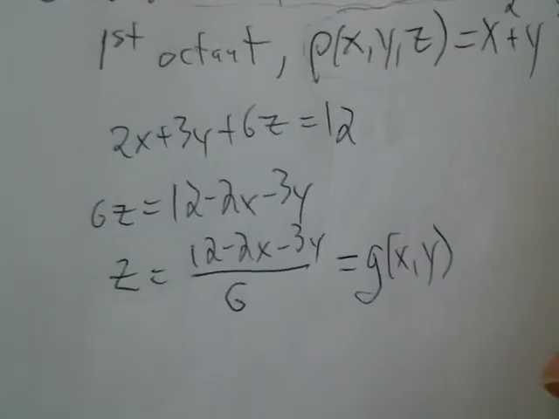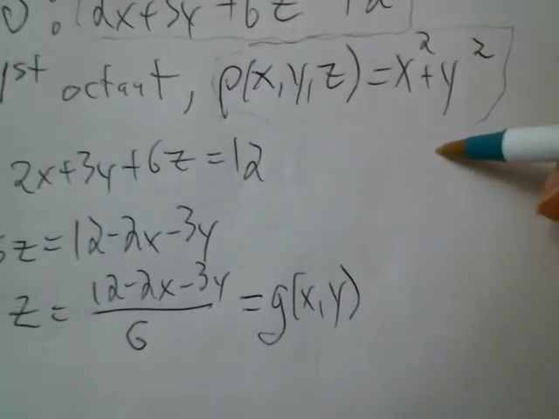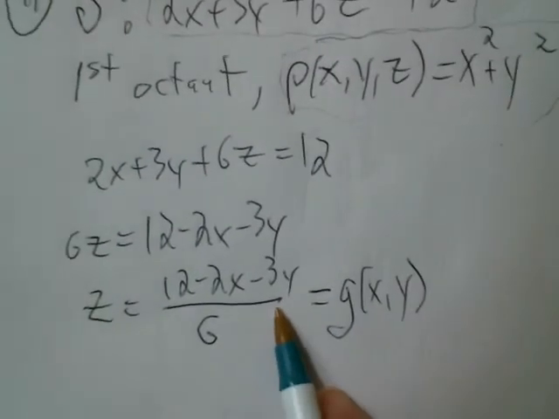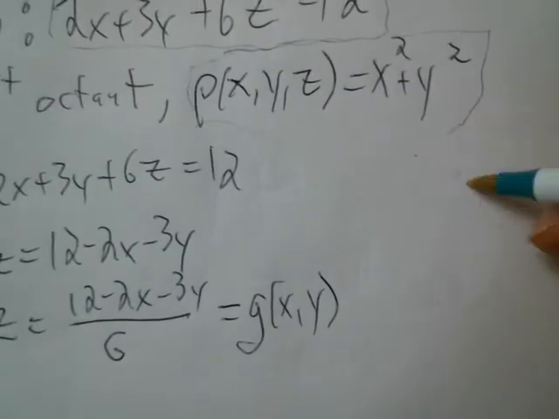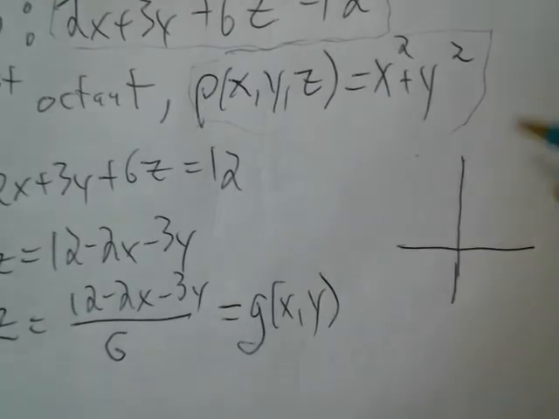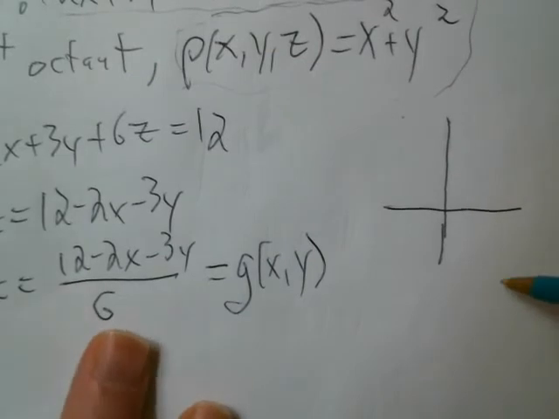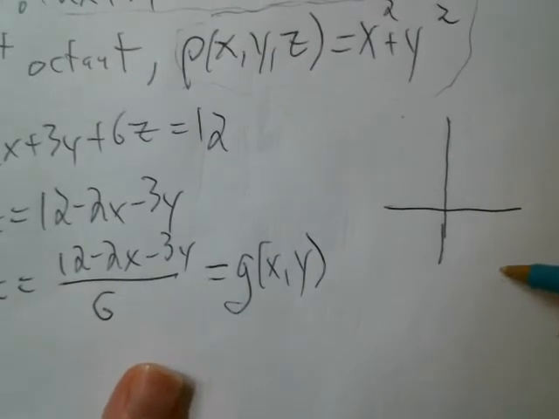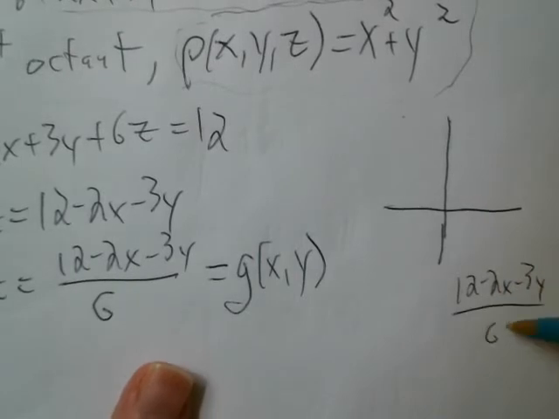All right. We're going to need the region to integrate over. So this thing is some plane. It's one of those where you can pick off the intercepts and draw it if you wish. But let's put it in the xy plane. In those cases, z would be 0, and you would end up with 12 minus 2x minus 3y all over 6 is 0.